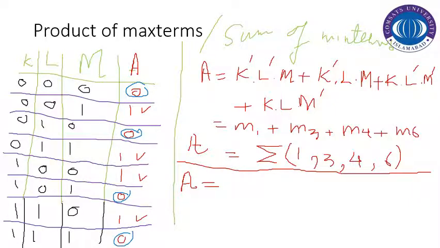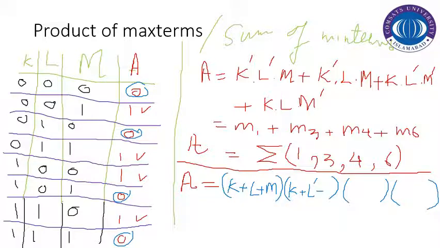So A would be, the first term would be K or L or M, and this is product of max terms, so we are multiplying those terms. So we've got 4 product terms. The next term is K or, since it's 1, L prime, or since this is 0, M.